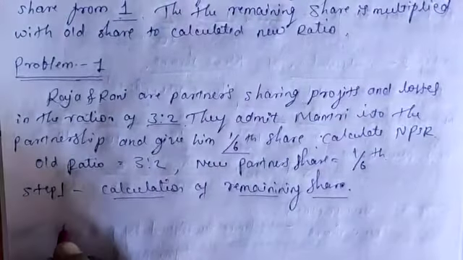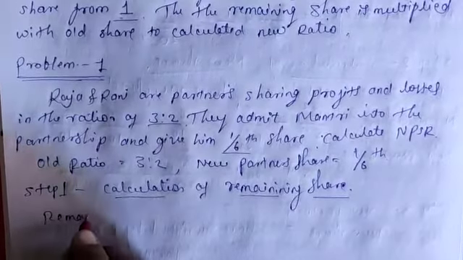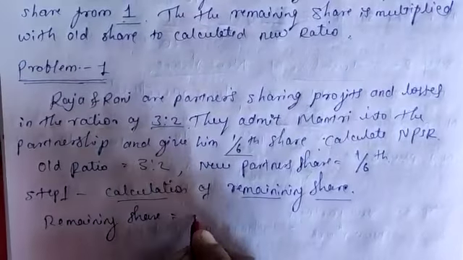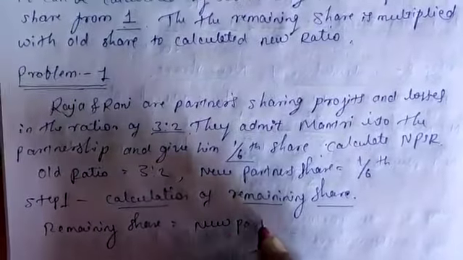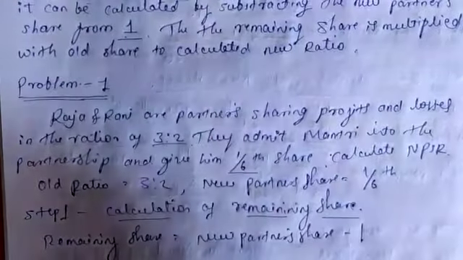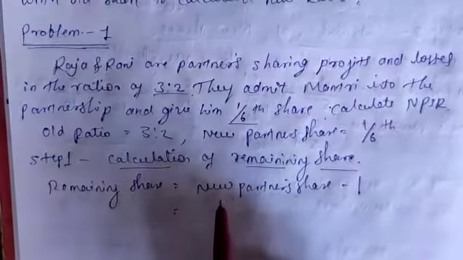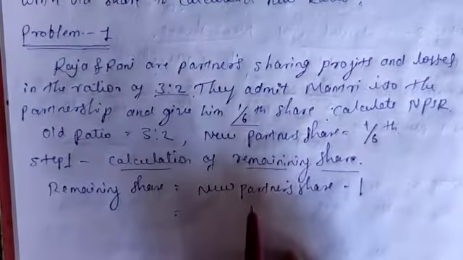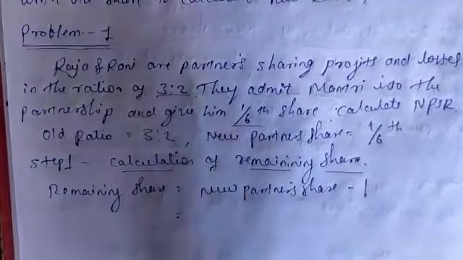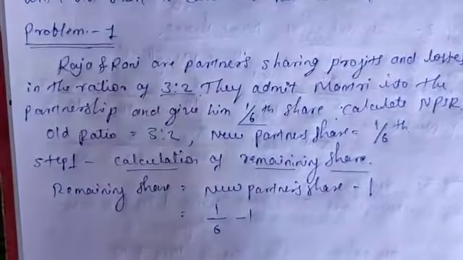The remaining share is calculated as 1 minus the new partner's share. Here in the problem, Mantri's share is 1/6.